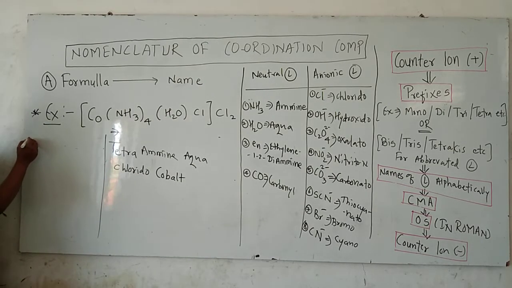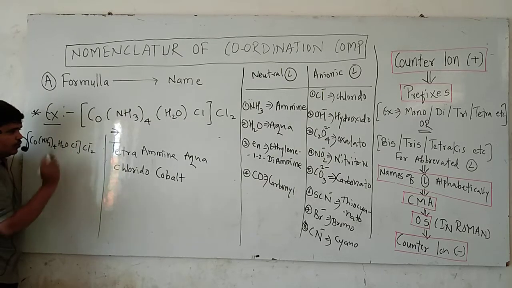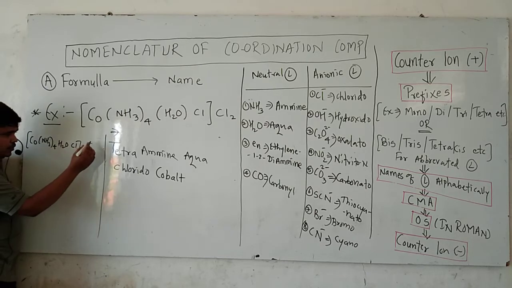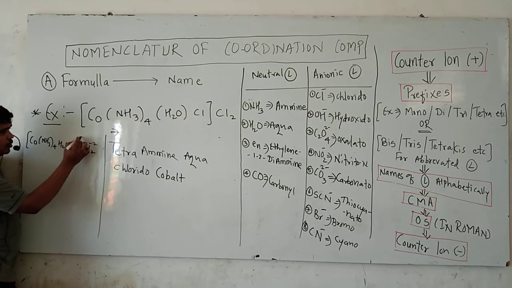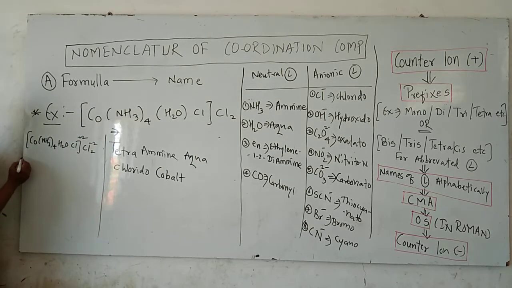See, your complex is Co(NH3)4(H2O)Cl, Cl2. You know that each Cl carries one minus charge. There are two Cl, so this will be 2 minus. This is 2 minus means on the complex there will be 2 plus charge. Okay.